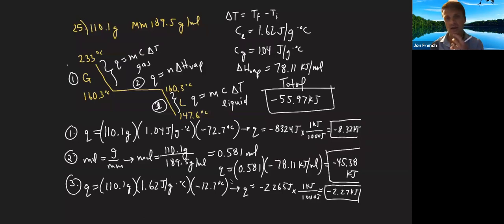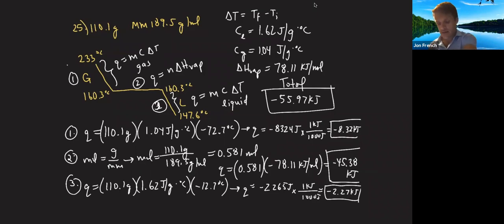But that's the trick: each part of that curve requires a different calculation, depending on whether we are dealing with a liquid or a gas, or with a phase change. Each of those calculations is a little bit different. So hopefully that helps with question 25. It really is a challenging question because of those aspects.